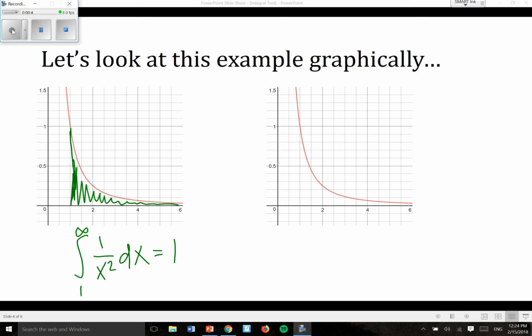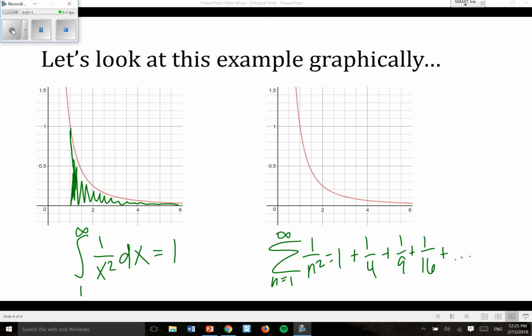What we're really interested in is not the function 1 over x squared, but the infinite series from 1 to infinity of 1 over n squared. And as we know, that looks like 1 plus 1/4 plus 1/9 plus 1/16, and so on.